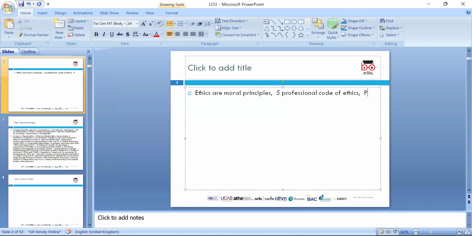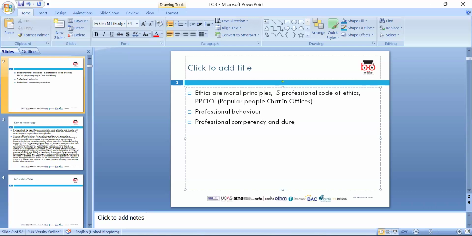To remember them easily, we can say PPCIO, which is the abbreviation of "popular people chat in office". Some people are very popular, they carry on chatting in the office. Professional behavior: we always need to behave professionally, unbiased, and not do anything conflicting. Professional competency and due care, which means up-to-date knowledge.